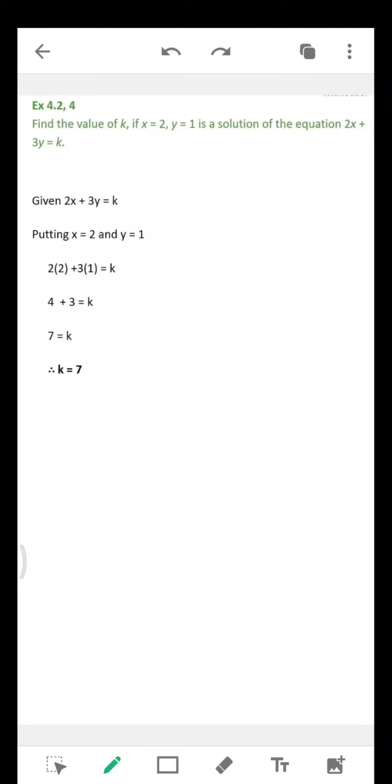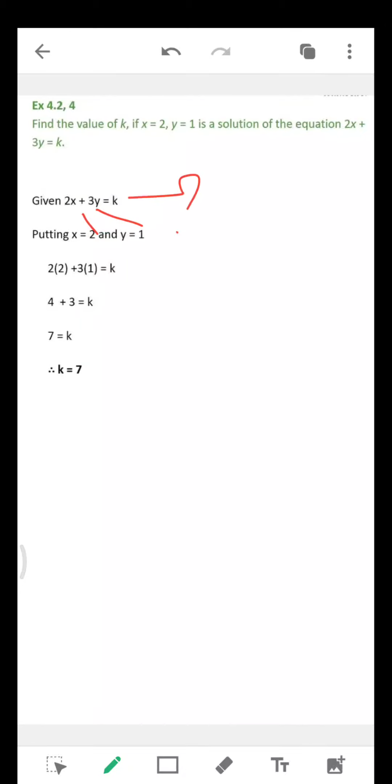So I'll just substitute x is equal to 2 and y is equal to 1 in the equation, that's all. In place of x I'll write 2, in place of y I'll write 1. If you substitute the solution, that is the x and y values, in the equation, you will get your missing value. What is our missing value? k.